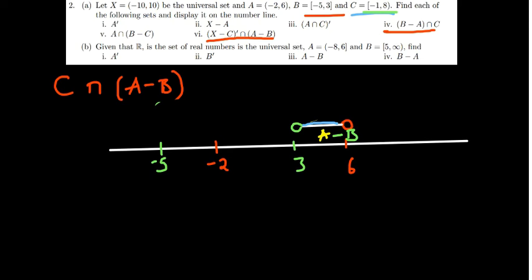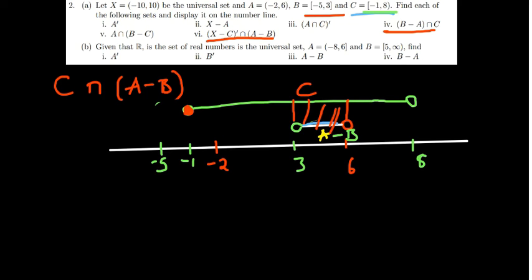Now we need to find an intersection with C. Now C is from -1, which is somewhere there, all the way up to 8. So if you draw it like that, and then remember -1 part is shaded. So what are we saying? That is our C. What's the intersection? So intersection is this region. Now the determinant part is the one that is short.